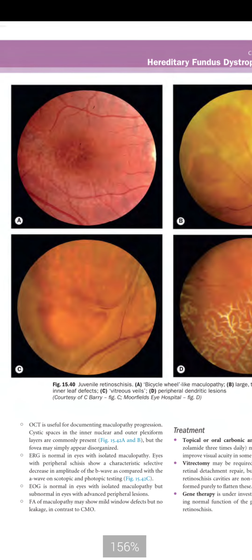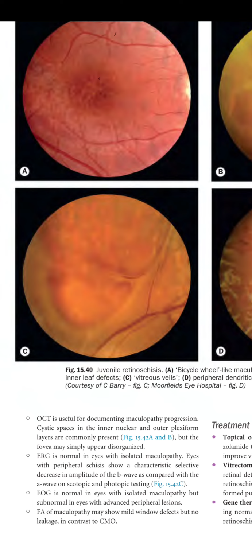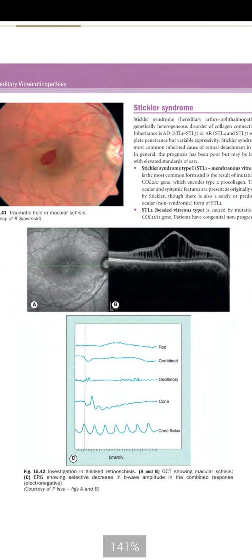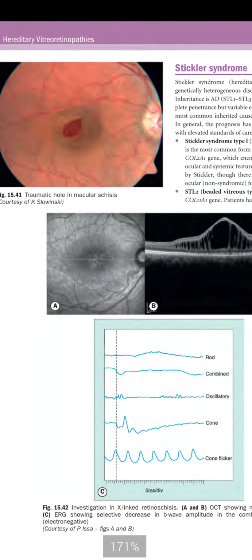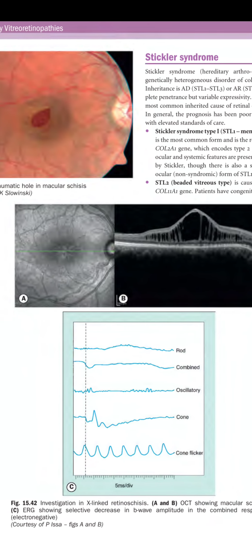Then OCT is useful for documenting maculopathy progression. Cystic spaces in the inner nuclear and outer plexiform layers are commonly present, but the fovea may simply appear disorganized. Let's see figure 15.42. This is a traumatic hole in the macular schisis. A and B show a separation of the inner layer of the retina, and you can see there are cystic spaces.